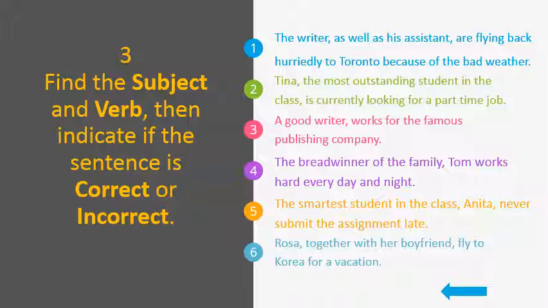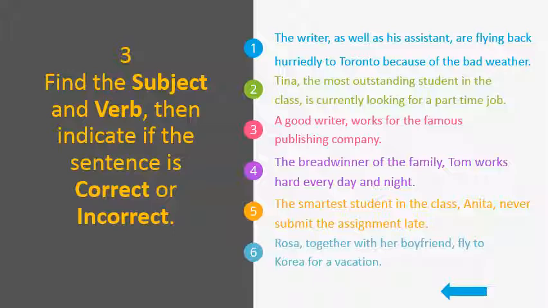So here, as well as his assistant is not important because it is only appositive and it is not the subject. So what is the subject? Can you find it? Yes, the subject is the writer. Is it singular or plural? Singular.